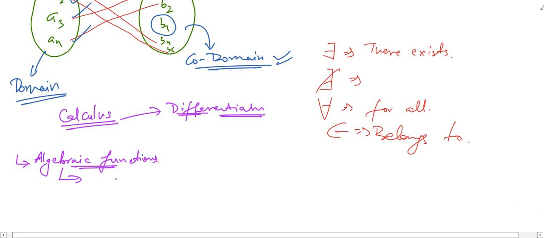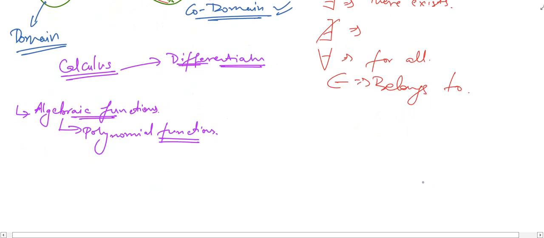And in this also, if we refine and put some conditions on, then these algebraic functions become polynomial functions, which are subject to some restrictions which the algebraic function may or may not have. Algebraic functions are kind of parent functions of polynomial functions. Polynomial functions are just a different kind of algebraic function, right?